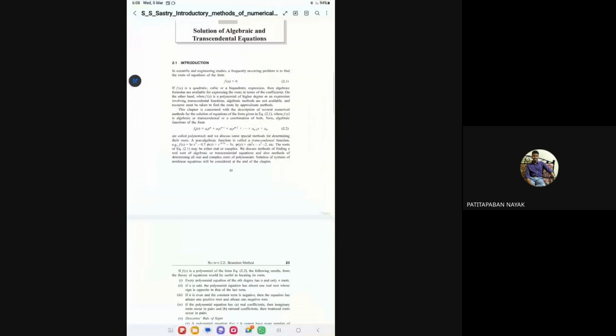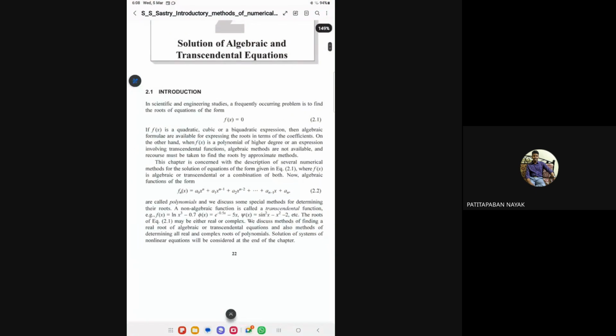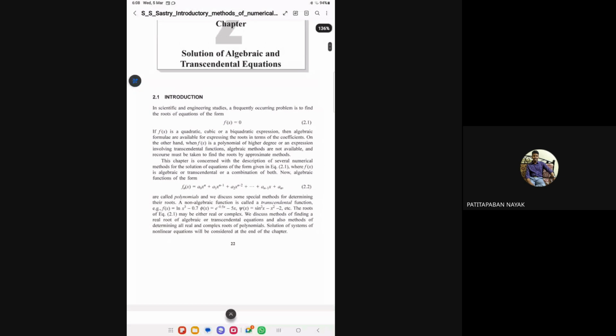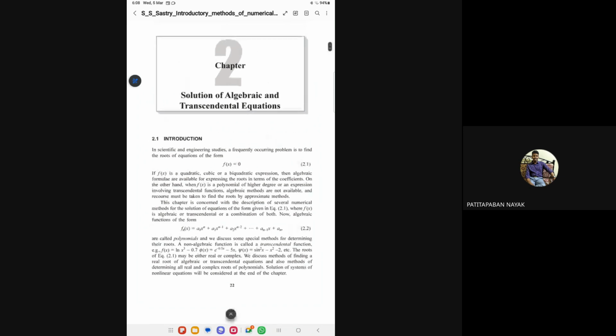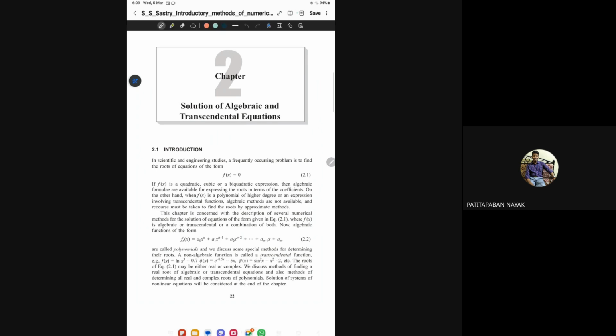Then it will be here. This is the Sastri, Numerical Methods by S.S. Sastri book. So this is a very fundamental part, the solution of algebraic and transcendental equations.